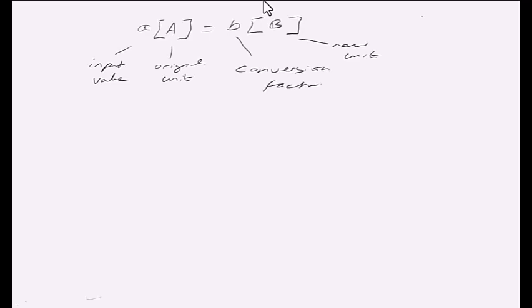So for example, let's take length, and we know that 1 inch is equal to 2.54 centimeters. Nice and simple. And so what you do is you take your input value A in the units of A, and you're going to multiply this by this conversion in the brackets.